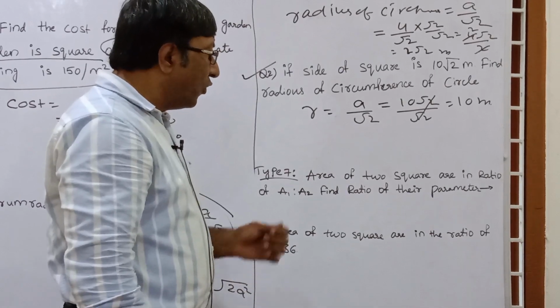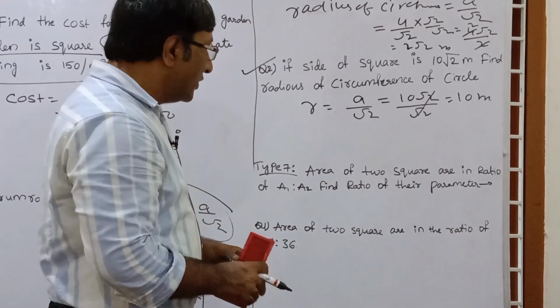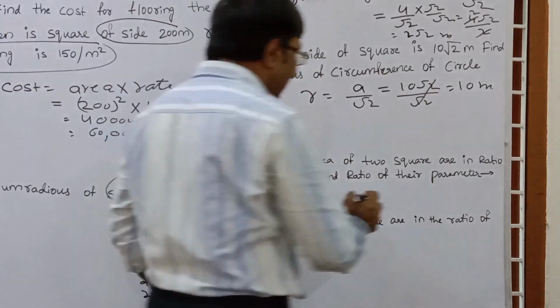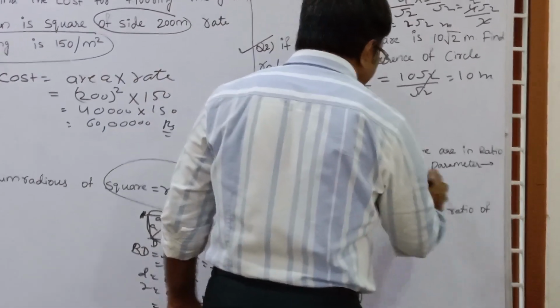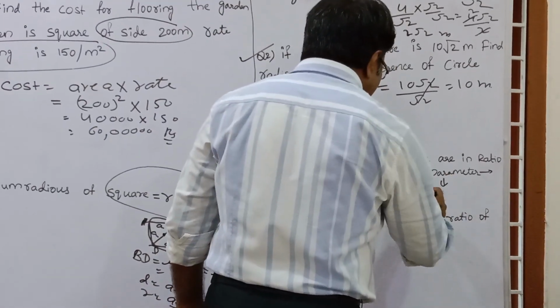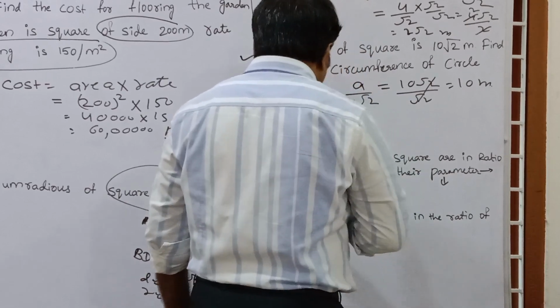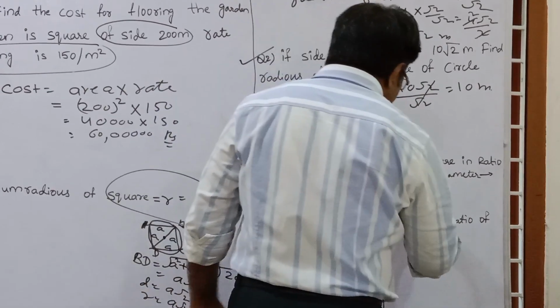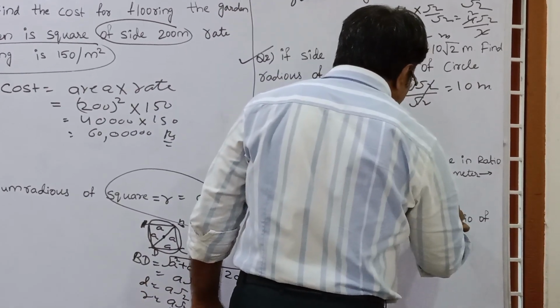Perimeter is 4 into side, and 4 is constant. So that is the ratio of sides. So this is the right answer. The ratio of their perimeters will be the ratio of the square roots of their areas.